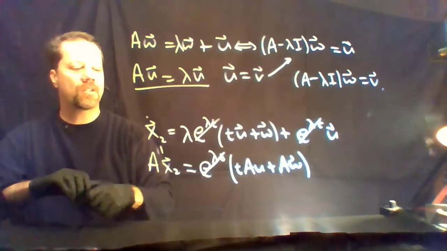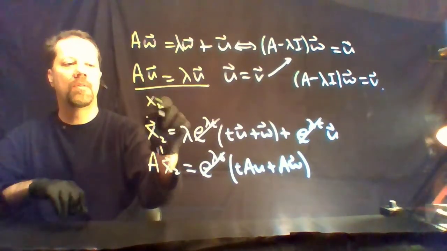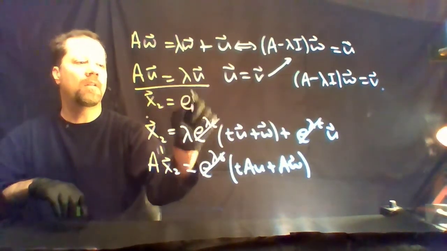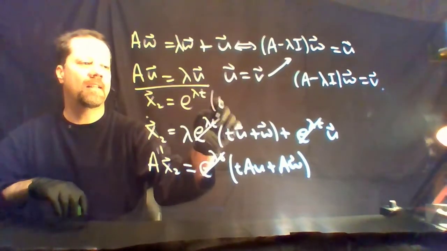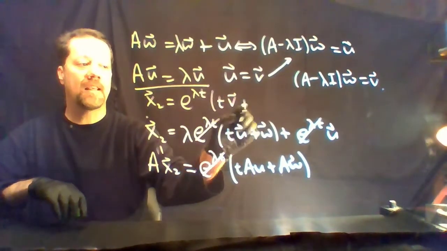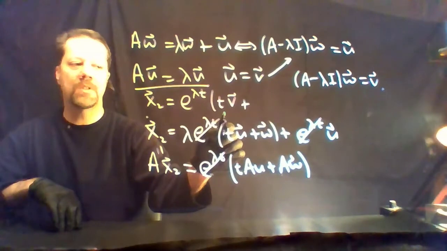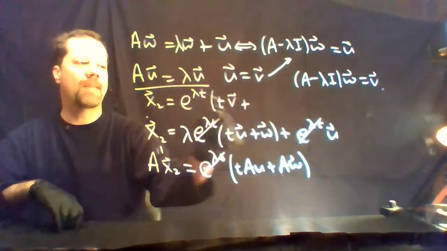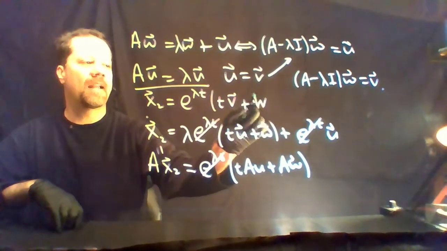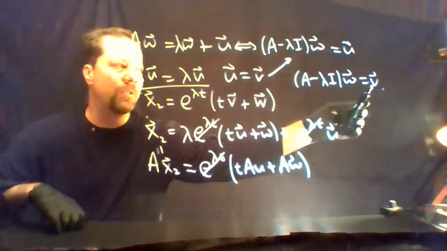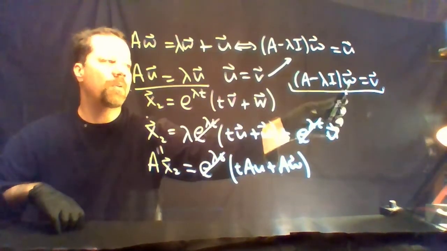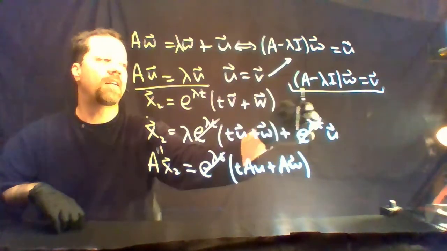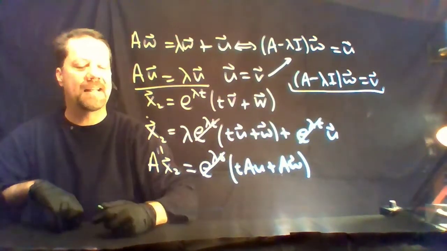So to construct our new solution x2, we'll have e to the lambda t times tv, which is what we assumed it was before, where v is the eigenvector corresponding to the eigenvalue lambda. But in addition to that, we add this vector w. w is the preimage of v under the linear transformation A minus lambda I.